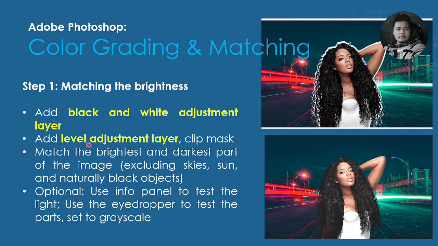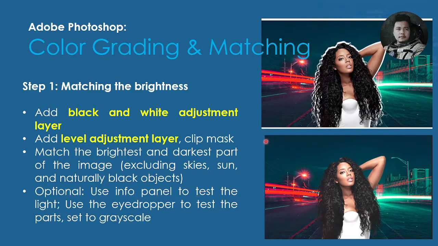Then we add a levels adjustment layer, and we have to clip the mask. That means we are only going to apply it to our subject, and then match the brightness and the darkest part of the image, that excludes the sky, sun, and naturally black objects. Then, optionally, we can use the info panel to test the light.